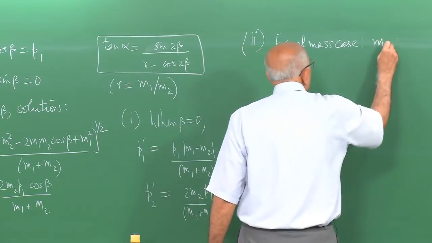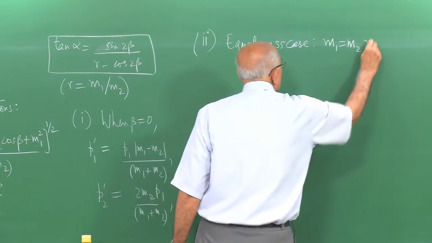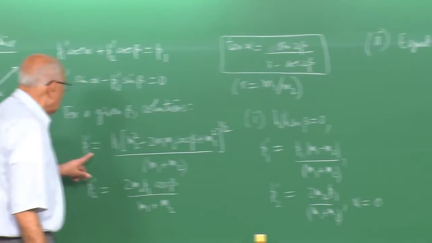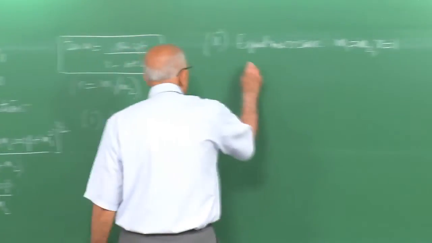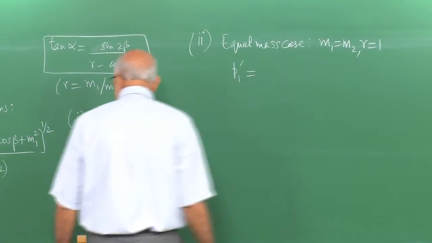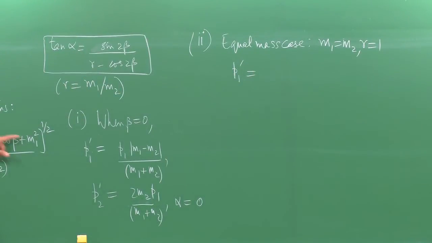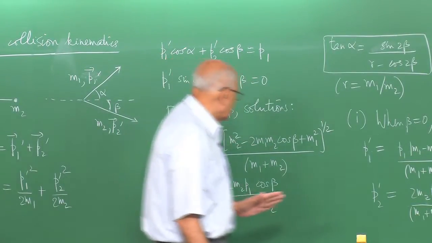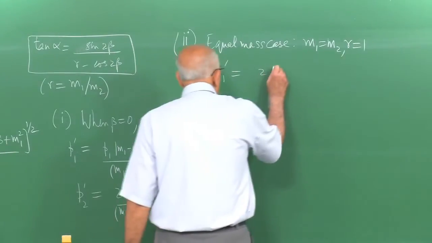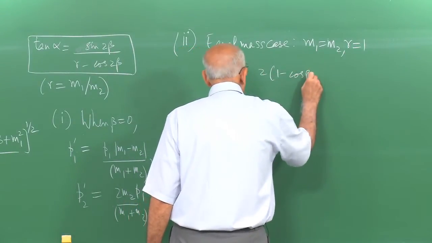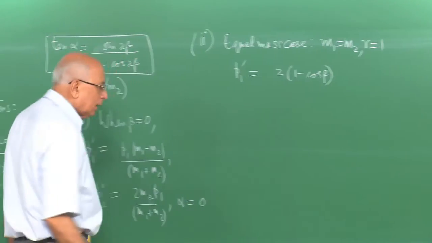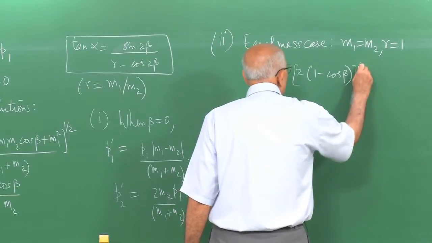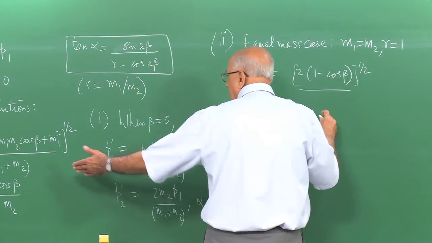So you have m1 equal to m2 and the ratio r is equal to 1 in that case, then p1 prime becomes equal to, well, you get a 2 from here and a 2 from here, so it's twice 1 minus cos beta, to the power half, divided by m1 plus m2.